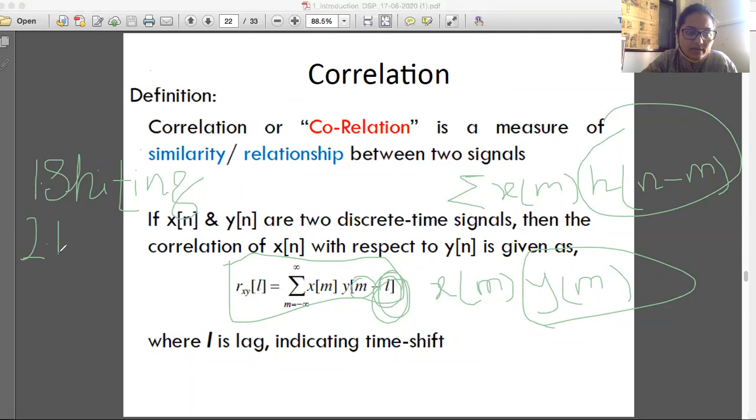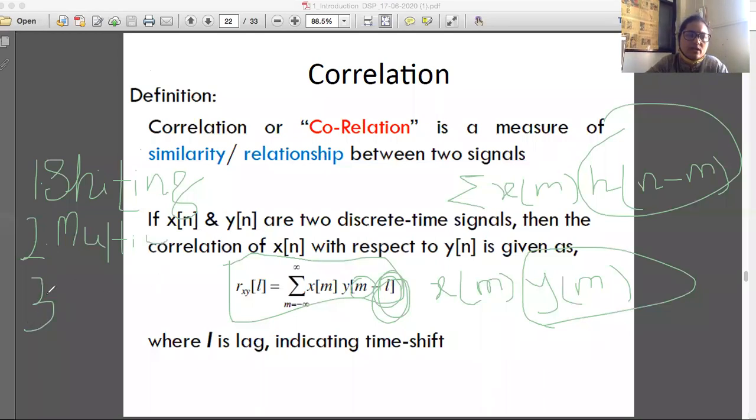is called multiplication. The remaining operations which we have performed in the convolution will be the same. The only thing that changes between correlation and convolution is that in the correlation there should not be any folding operation.